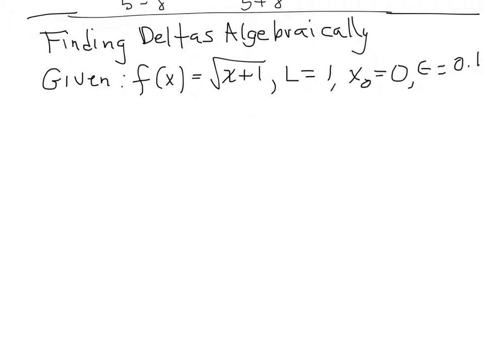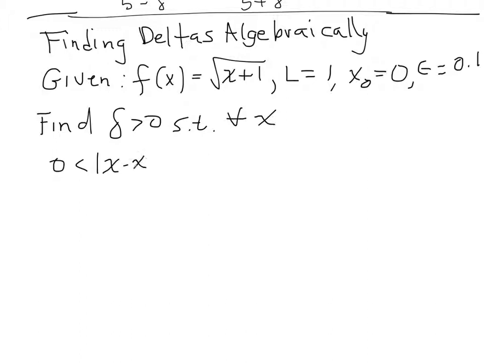All right, we want to find delta greater than 0 such that for all x, our definition, absolute value of x minus x naught less than delta implies absolute value of f of x minus my limit is less than epsilon. You'll get tired of writing this definition. So once again, in other words, I'm interested in this limit, this value.